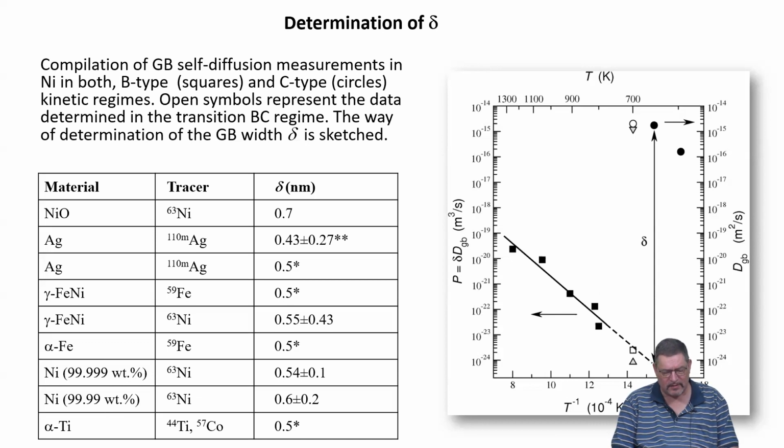And we have done this for several different materials, also for high entropy systems. And what we get is roughly 0.5 nanometers. There are some deviations, but this is in oxides, so you would expect it to show differences. But for all transition metals, 0.5 nanometer is a very good description.